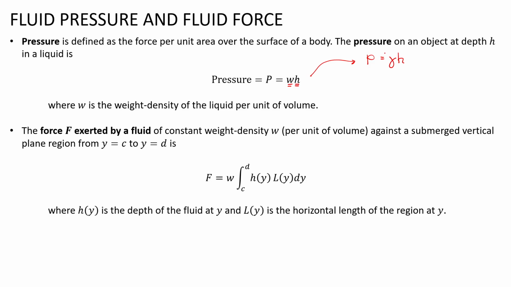But in most cases for these problems that we're going to solve, especially in the exam, what you will be dealing with in the problem mostly is the unit weight of water. So unit weight of water has constant figures. In English system, that will be 62.4 pound per cubic foot.